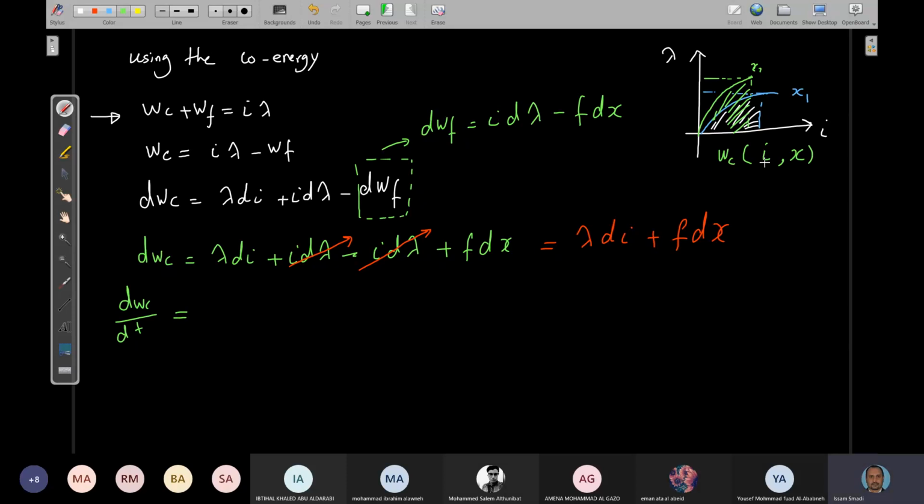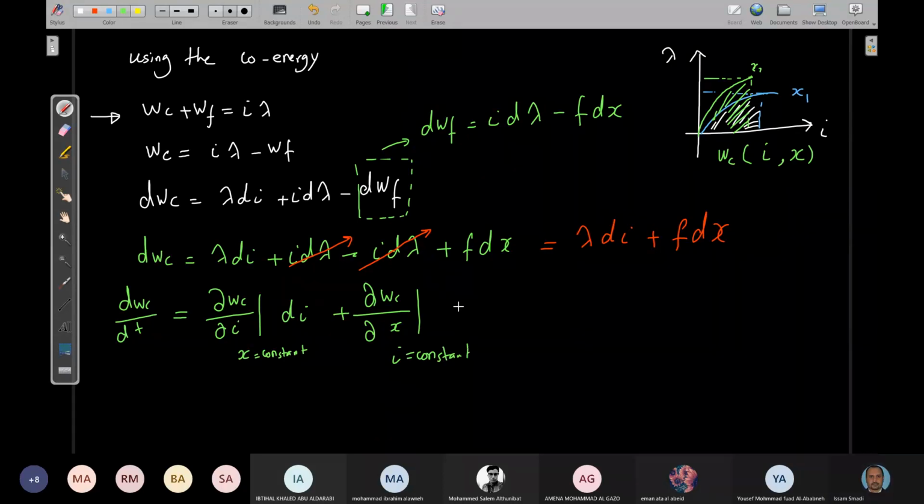If omega C is a function of the current and x, and I need to differentiate it, then this will equal partial omega C by partial I when x is constant, di, plus partial omega C by partial x when the current is constant, dx.